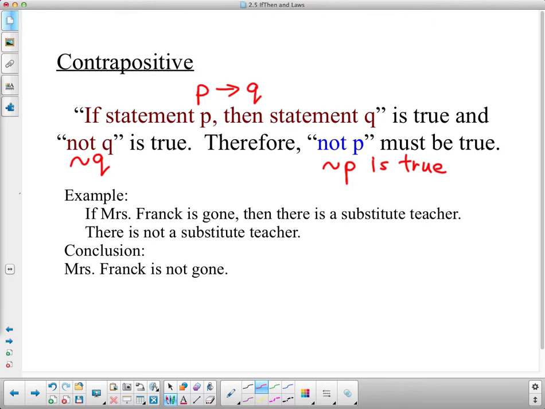If Mrs. Frank is gone, then there is a substitute teacher. There is not a substitute teacher. So Mrs. Frank is not gone, because if I were gone, there'd be a substitute, but there's not a substitute. I'm not gone. So this is called the law of contrapositive.